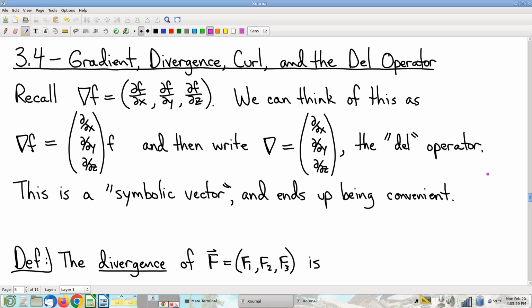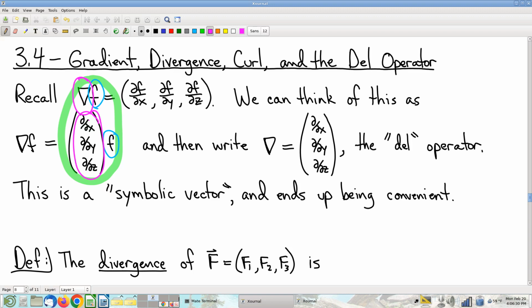Okay, all right. So first of all, let's talk about the gradient. Here's the formula for gradient. Old news, y'all remember this. And I want to think of this a little bit differently. Think of the gradient as being now this. That's a little bit weird, I'll grant you. But we've got a scalar function f. And what we're doing to that scalar function f is, well, we are going to make a vector out of the various partials of it.